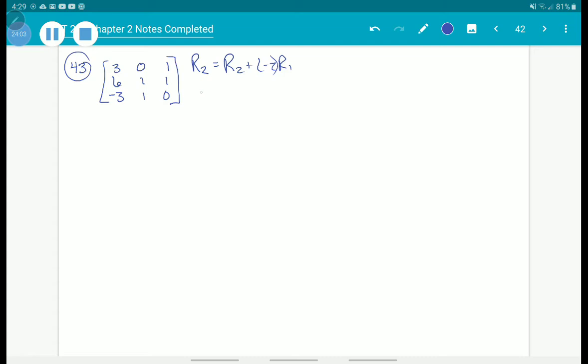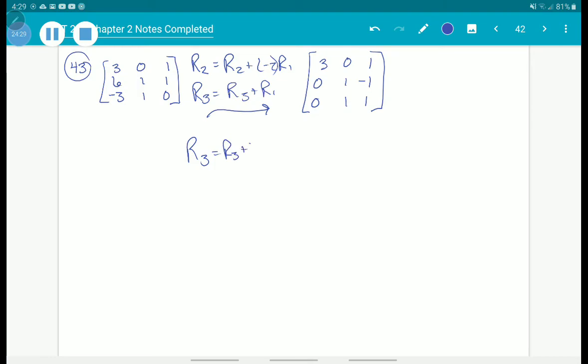So I'm going to take row 2 and replace it with row 2 plus negative 2 row 1. I'm going to take row 3 and replace it with row 3 plus row 1. So there are 2 row operations. And then I'm going to replace row 3 with row 3 plus negative 1 times row 2. Just kidding, row 2.